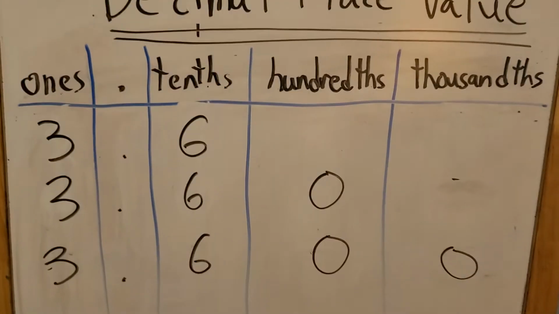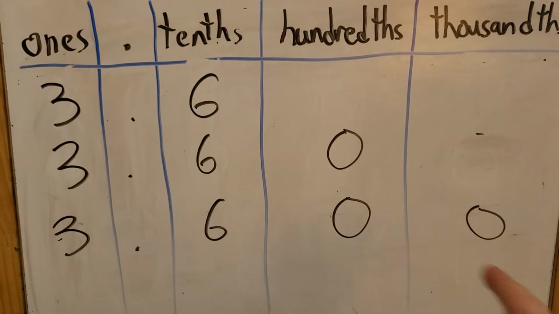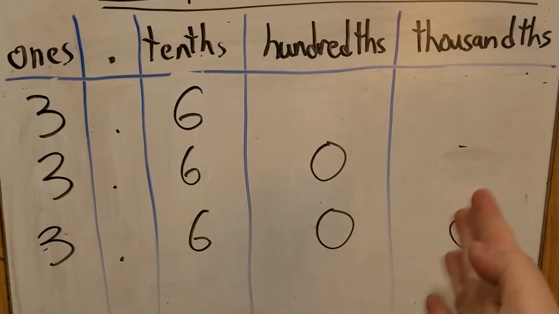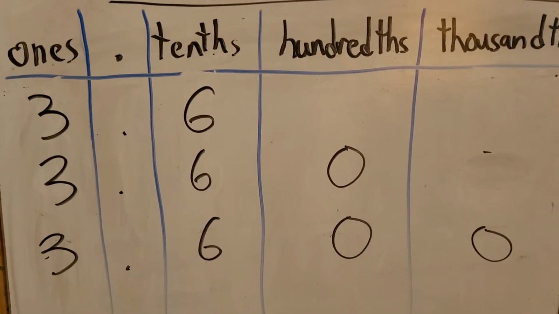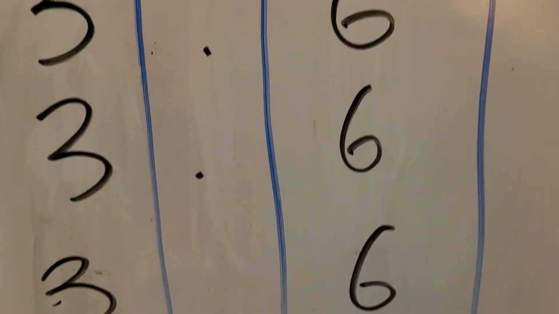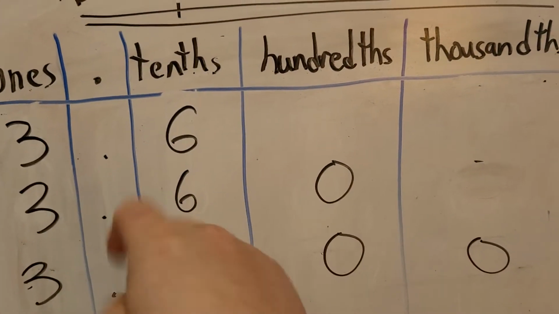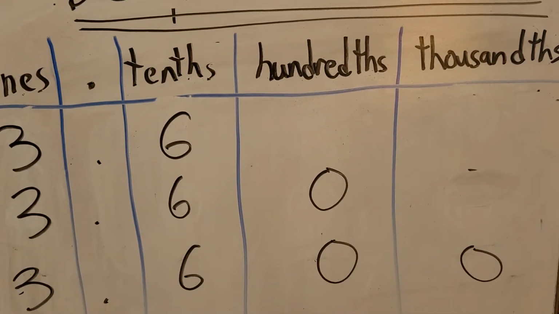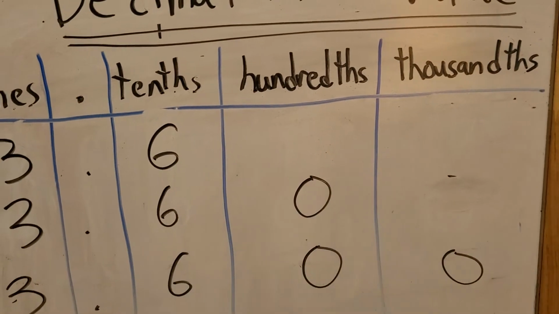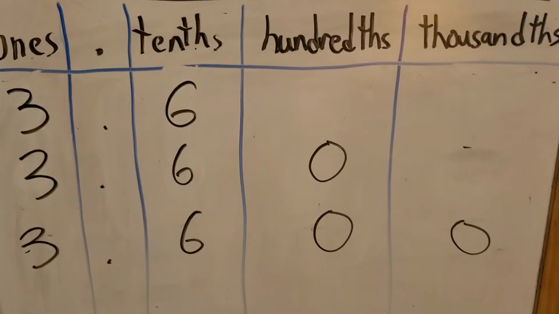Okay, now let's look at these numbers. You might think, wow, this is clearly bigger because it has more zeros, right? Wrong! That's wrong! They're all the same because with decimals, anything to the right of the decimal, these zeros mean nothing. Zip, nada, okay?